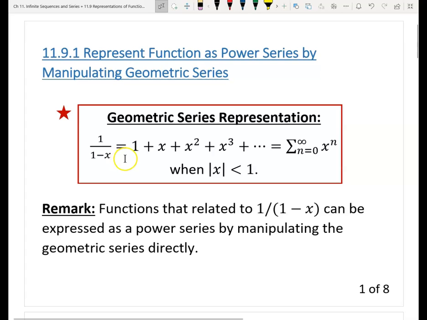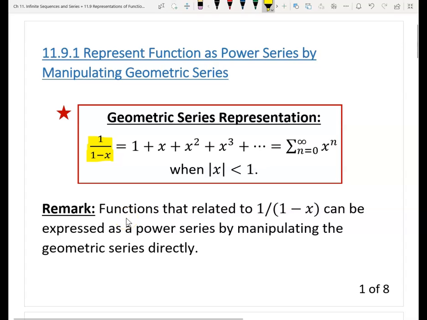Okay. First, let me show here, we have this function to be represented as the power series. If we look backwards, from the right side to the left, this is a geometric series, and we learned before that we can find the sum, right? If we find the sum, this function is just the sum.